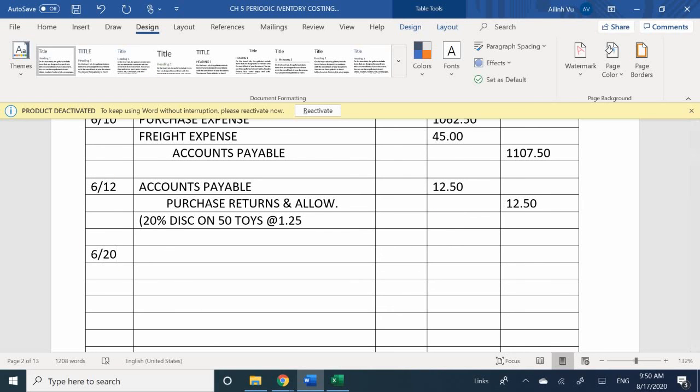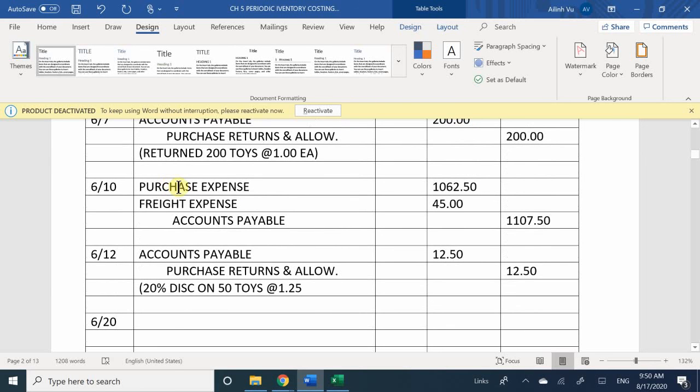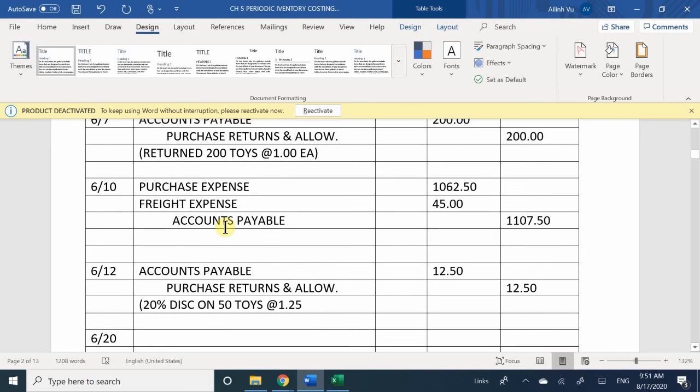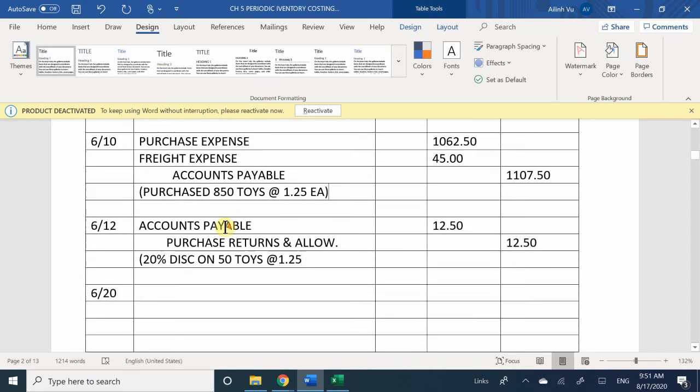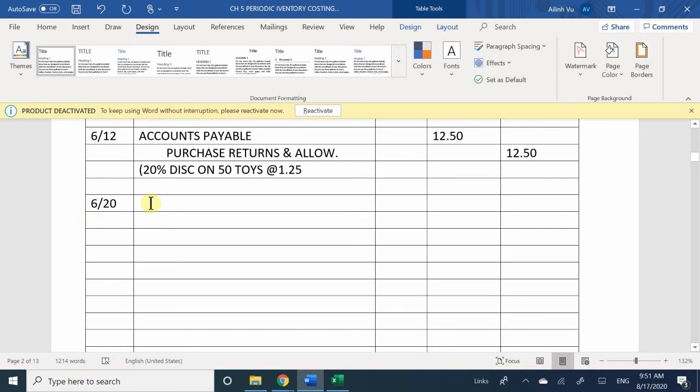So in this case, what do we know needs to happen? Because we made a purchase, right? Oh no, I skipped one. I didn't even write what my description was. Okay, so again, what is my foundation here for my journal for the 20th?